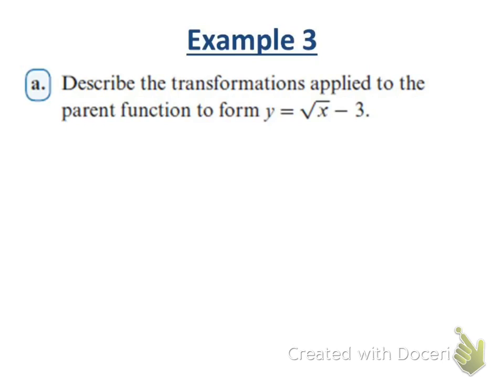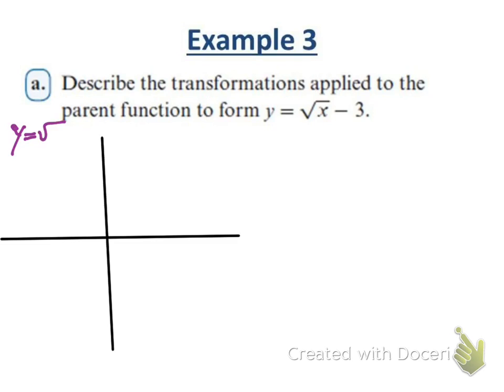All right. Describe the transformation that's applied to the parent function to form the graph y equals the square root of x minus 3. Now, we haven't talked a whole lot about the parent function for y equals the square root of x. But for y equals the square root of x, when x is 0, y is 0.